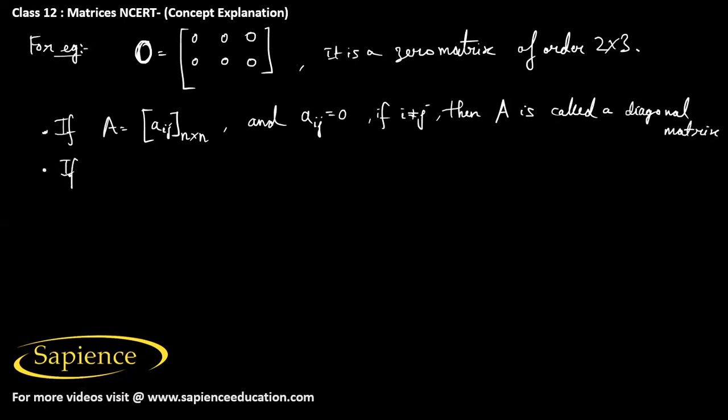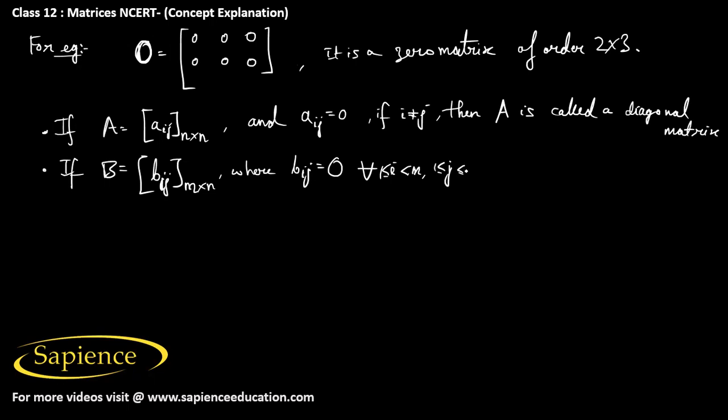And if the matrix B equals Bij, m cross n, where Bij equals 0 for all values of i from 1 to m and j from 1 to n, then the matrix B is a zero matrix or null matrix of order m cross n.